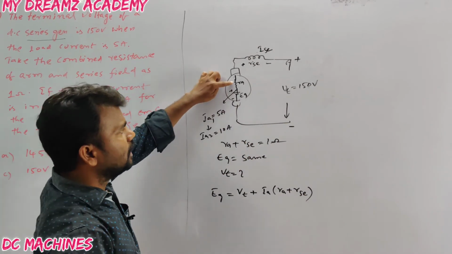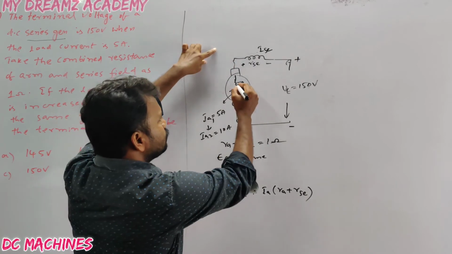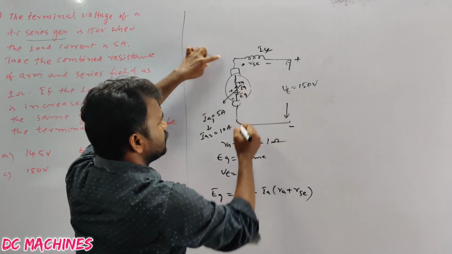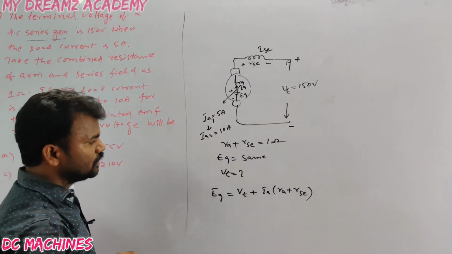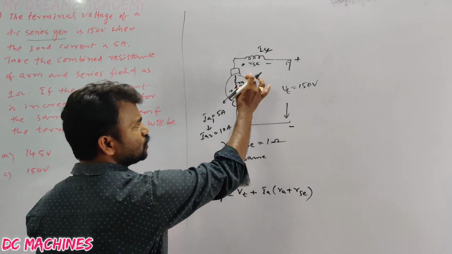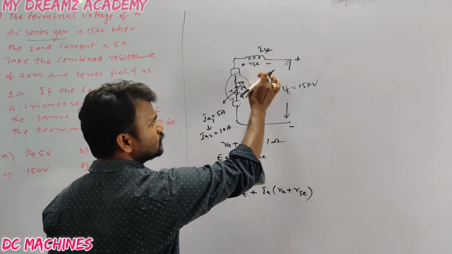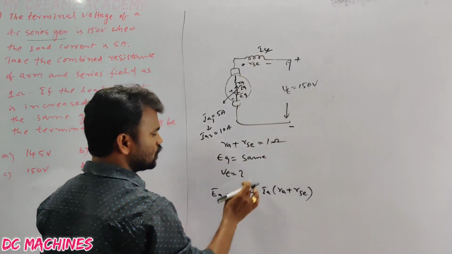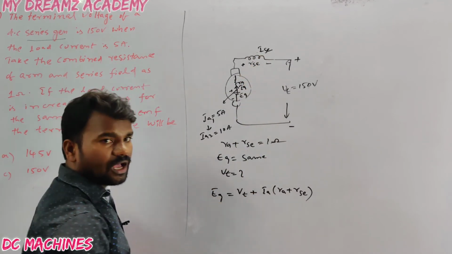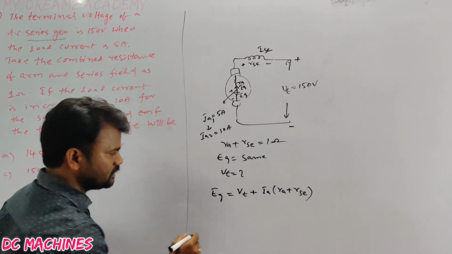Here the armature and series field are in series. So the generated EMF is equal to the terminal voltage plus this drop: Eg equals Vt plus Ia into (Ra plus Rse).